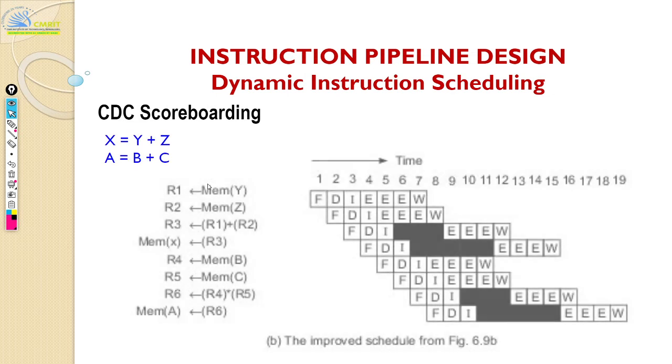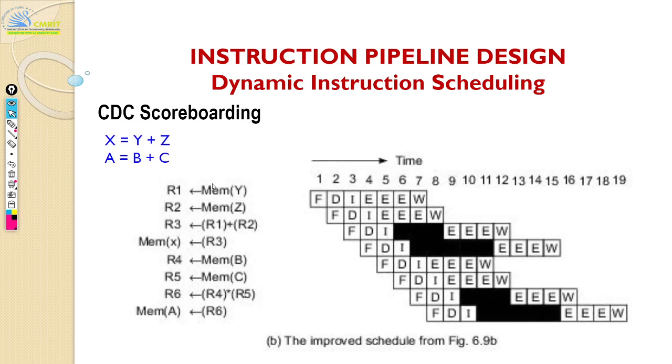So again, if you take the same example, this is how the scoreboarding technique works. Here it's a similar number of cycles, right? From 4 to 16, it's going to be around 13 cycles. It really depends on when you get the instruction issued.